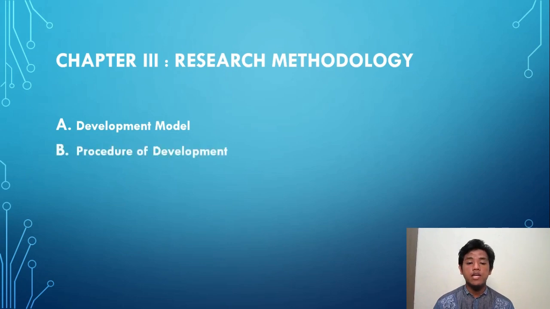The second point is procedure in development. On the schema of the ADDIE model used to develop the learning material. Analyze. Here the researcher should be able to know the students' likes, wants, and also necessities.